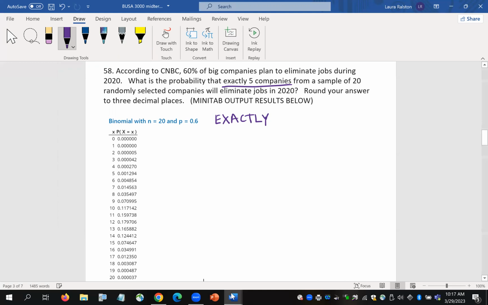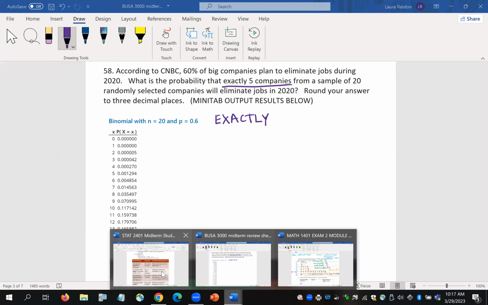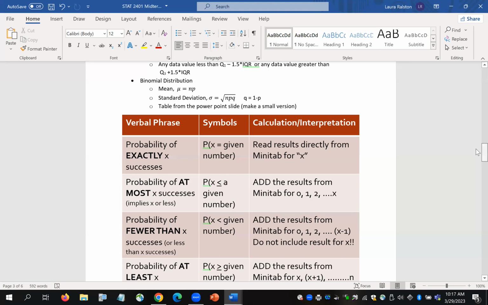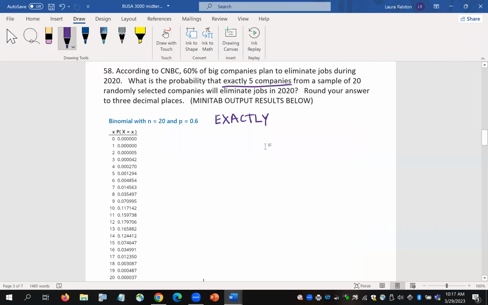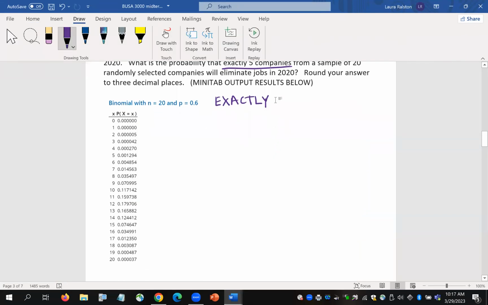I'm going over to the table that you should print off, and I look for that key word. It happens to be this first row. Probability of exactly. And it tells me, read the results directly from Minitab.